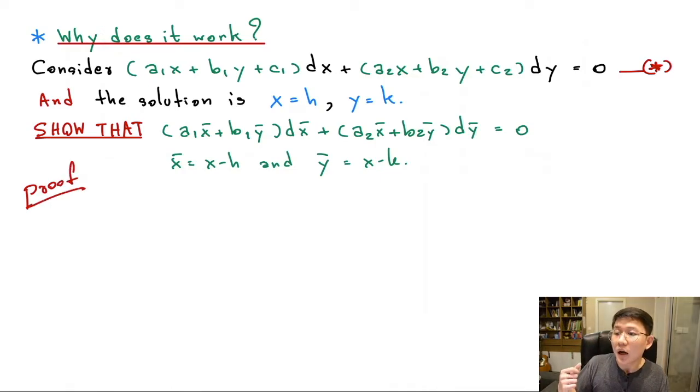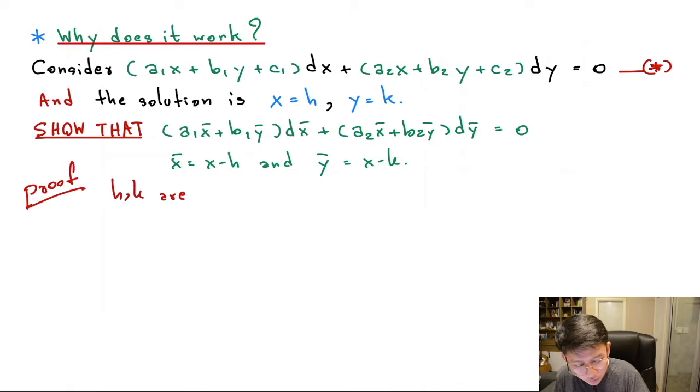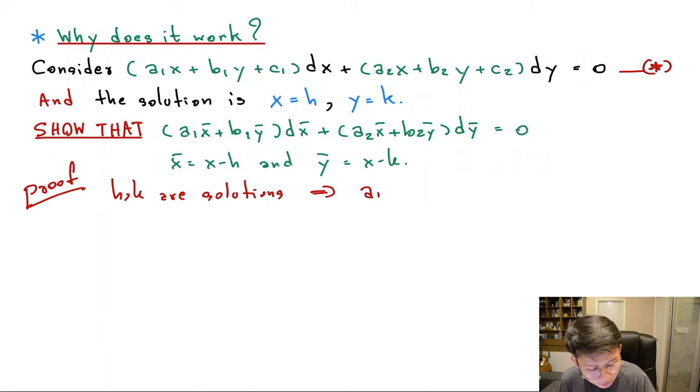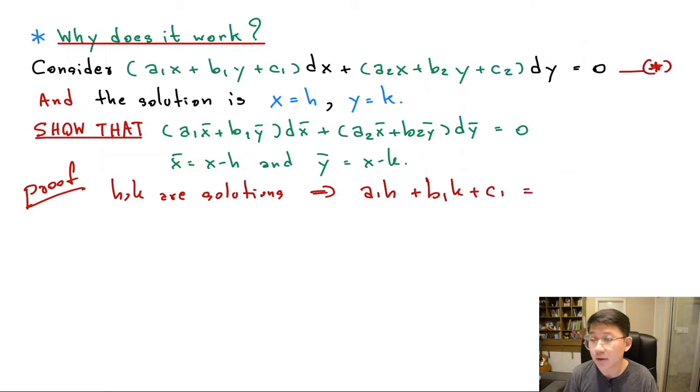Okay, guys, h and k are solutions, right? So I have that a1h plus b1k plus c1 is 0.